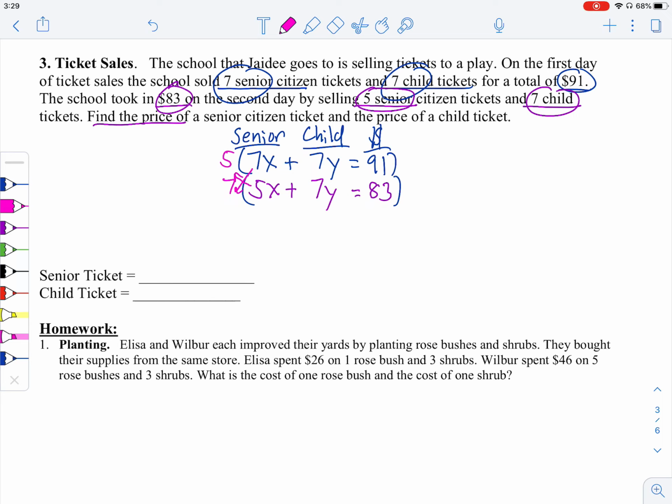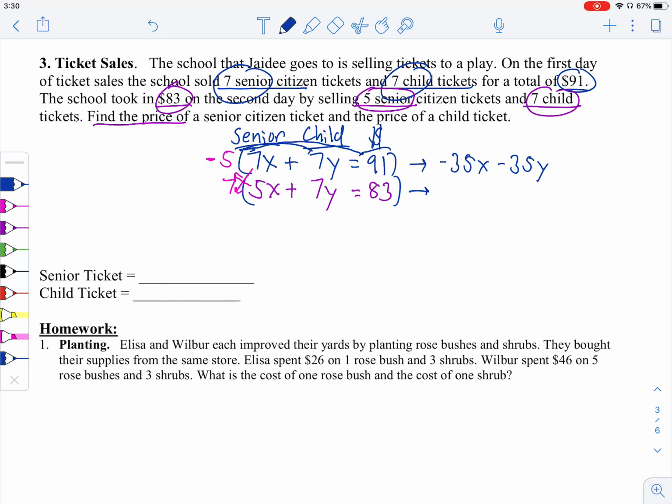So 5, 7. And since both are positive, we need one of them to be negative. Let's make the top one negative. Right, so we distribute here. If you want to eliminate the y's, you could do that too. I'm just doing this for an example. If you don't see this here, you can just cross multiply. So negative 5 times 7x, negative 35x. Negative 5 times 7y, negative 35y.